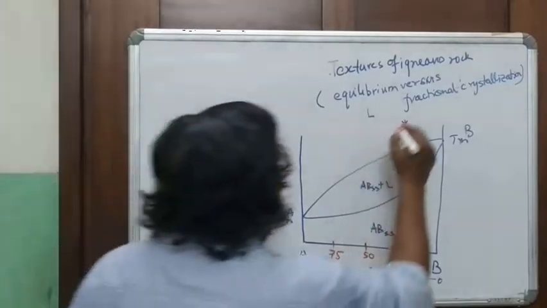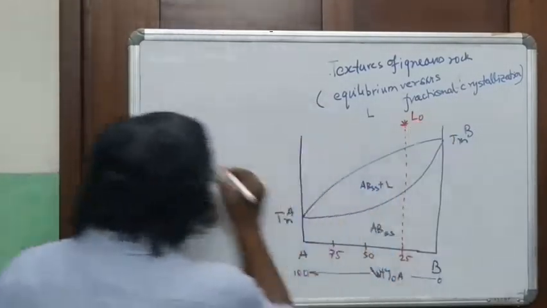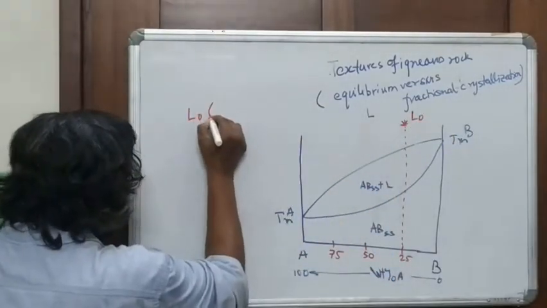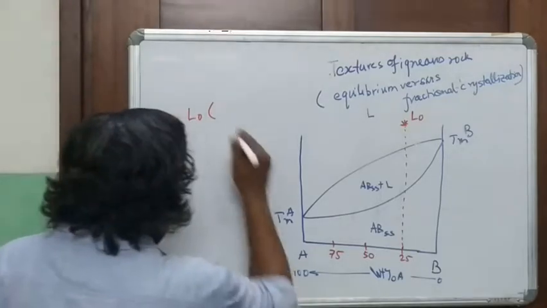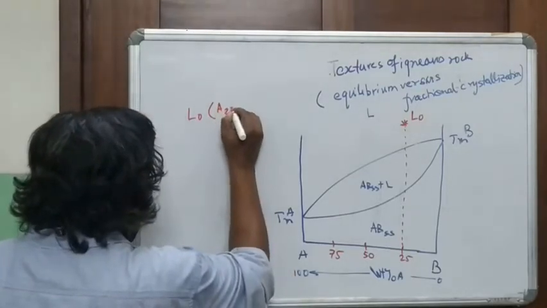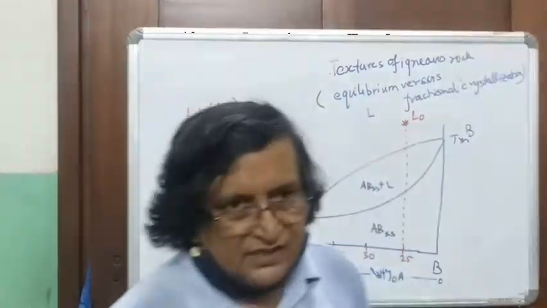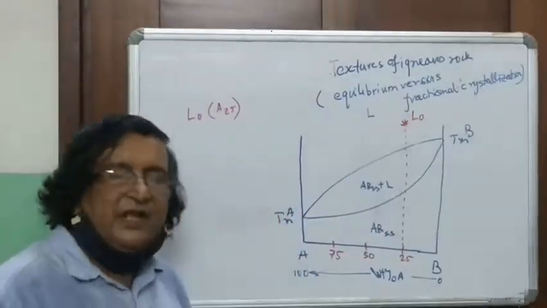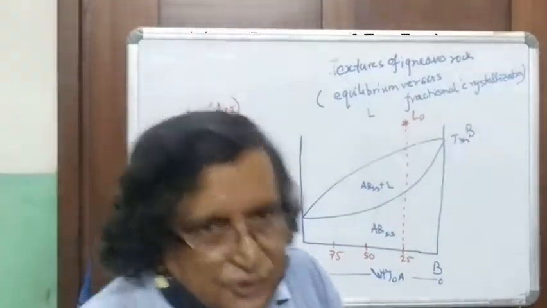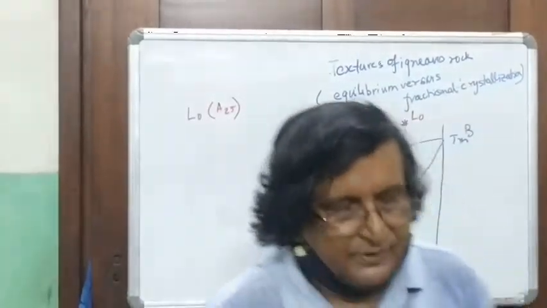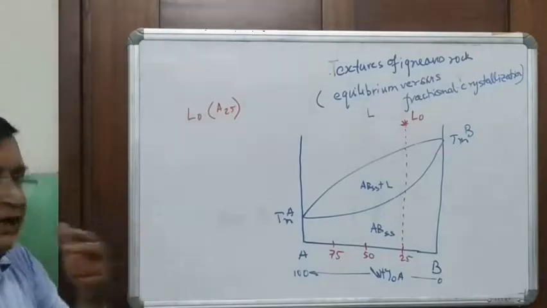So this is a liquid L0. What is the composition of liquid L0? It is A25. Now I'm keeping it A25 and not B75. Obviously, if it's a binary diagram, then if A is 25, then B has to be 75. It can't have any other numbers. So L0 is A25.